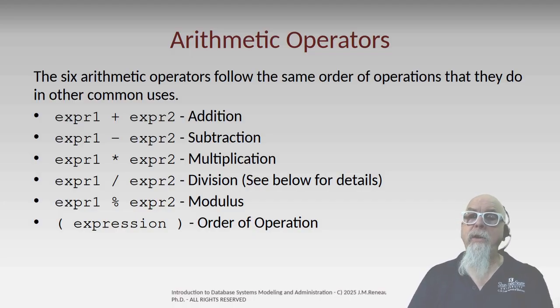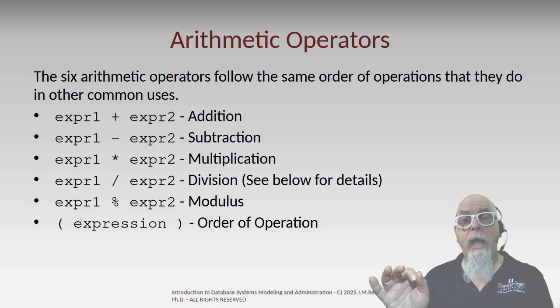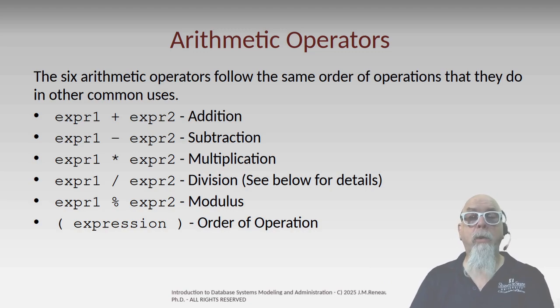Now, that's confusing because star returns all columns if it's all by itself, but if it's used in an expression, it does multiplication. A forward-leaning slash does division, and we're going to talk about that because it doesn't always do what you think it's going to do. And the percent sign calculates the modulus, and we'll talk about that in another slide.